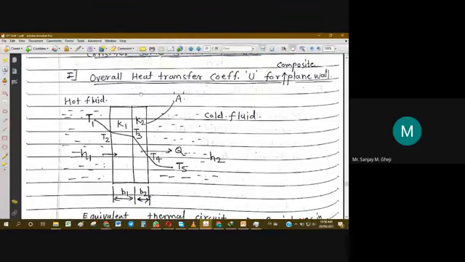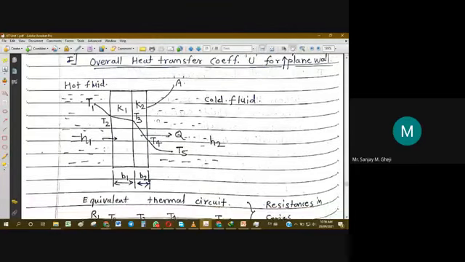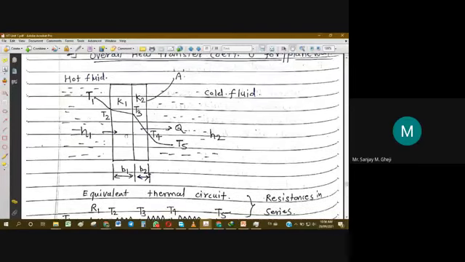Let us take the first case of overall heat transfer coefficient U for a composite plane wall. As you can see in the diagram, there is a composite plane wall. It means that two different materials are taken together and arranged like this. For example, you might consider a furnace wall.